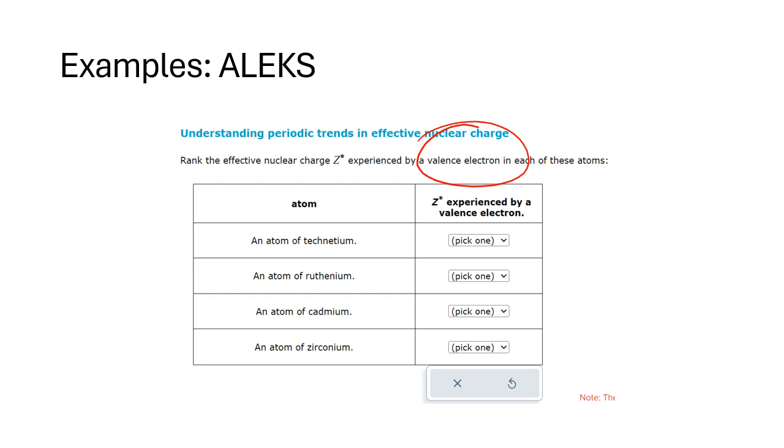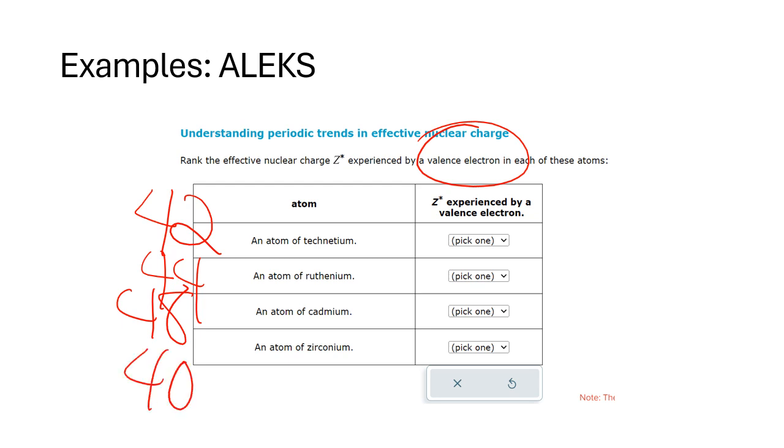So all we have to do is find the elements on the periodic table. And we have technetium, which is element 43, ruthenium, which is element 44, cadmium, which is element 48, and zirconium, which is element 40.